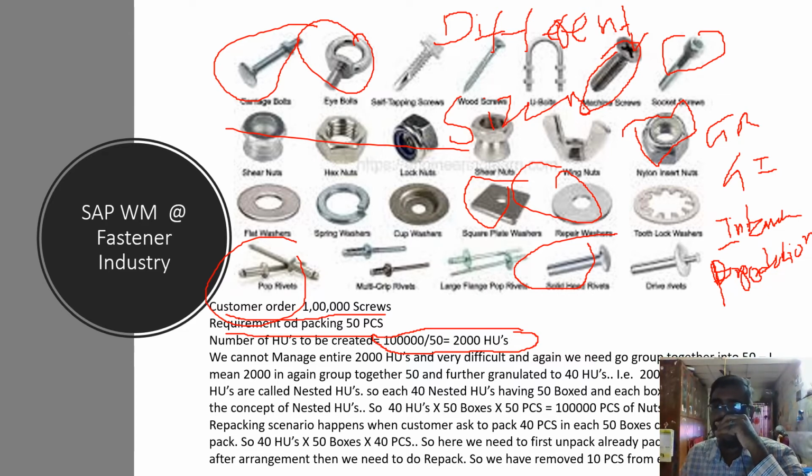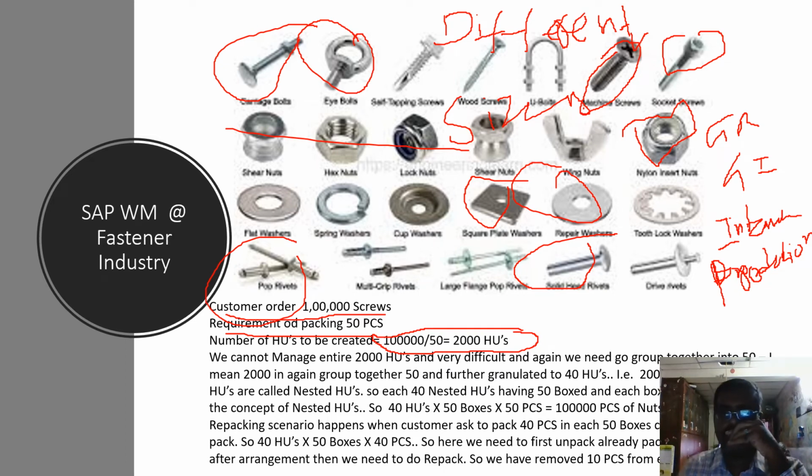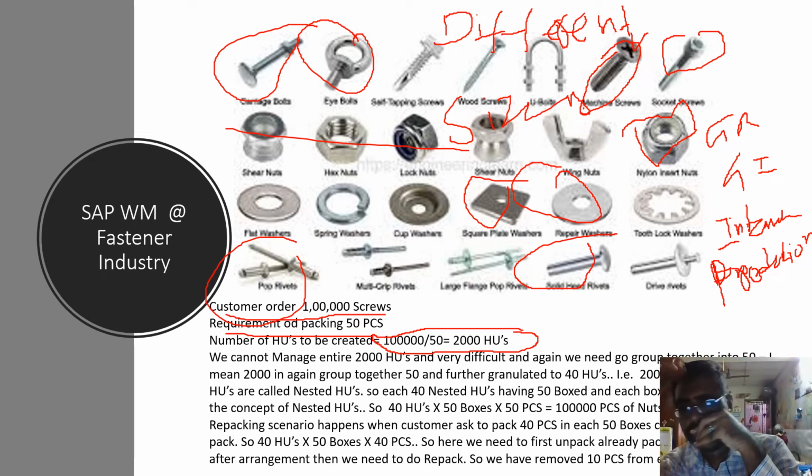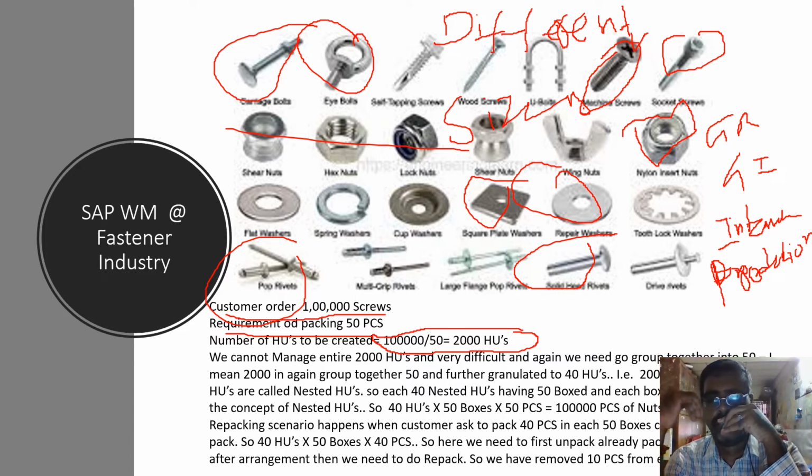So in that case you need to rearrange and do the repacking into new HUs, so-called nested HUs. The 2000 handling units will be packed in groups of 50 for rearrangement. So 2000 divided by 50 comes to 40 handling units in total. So this is called nesting.